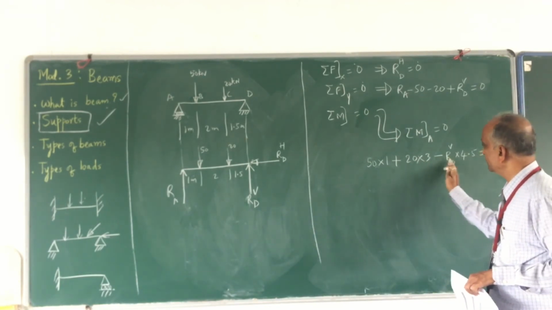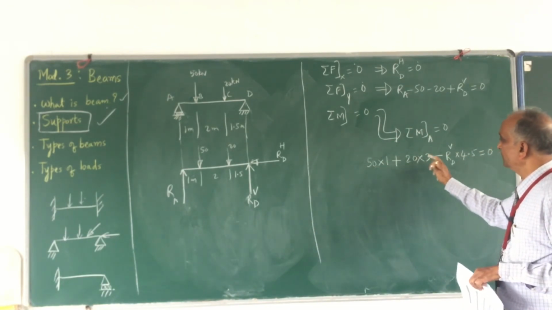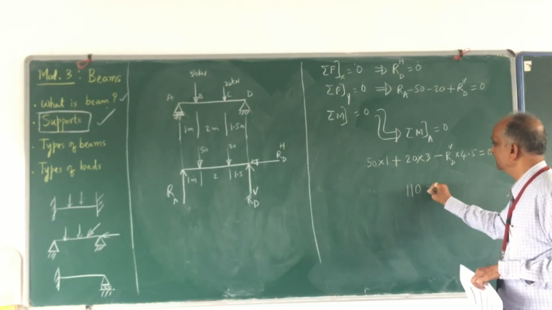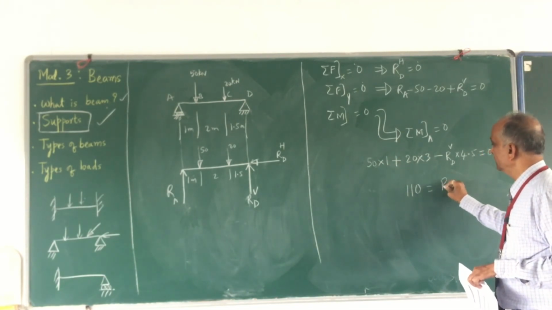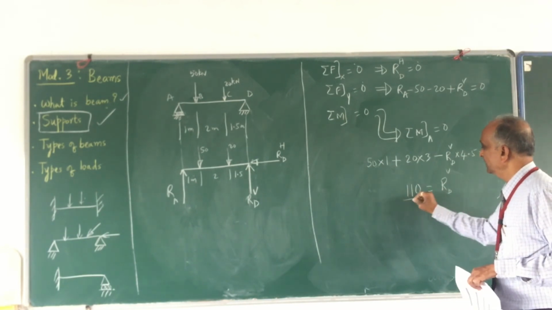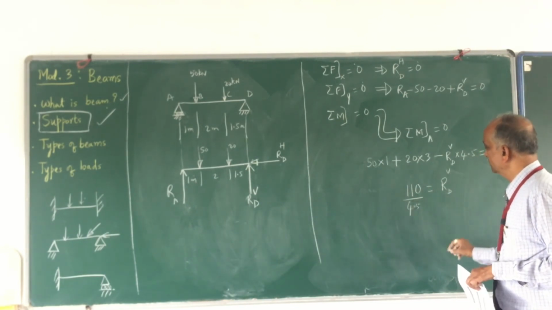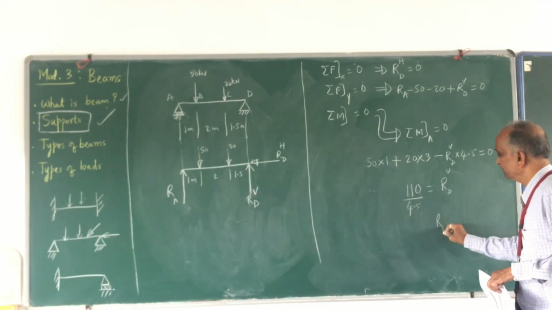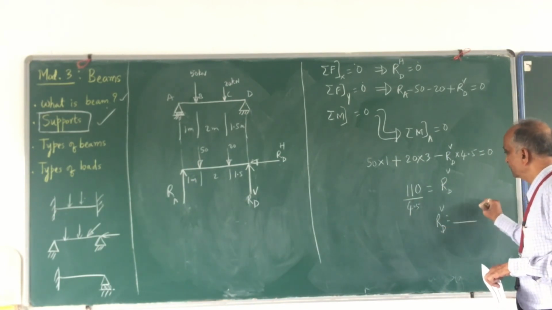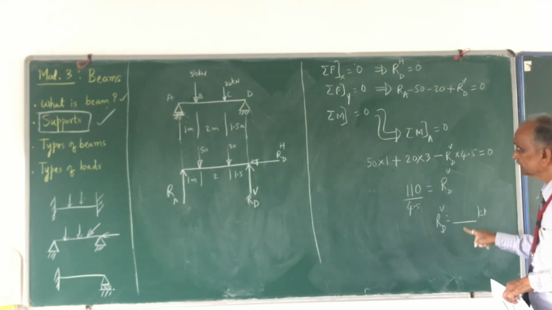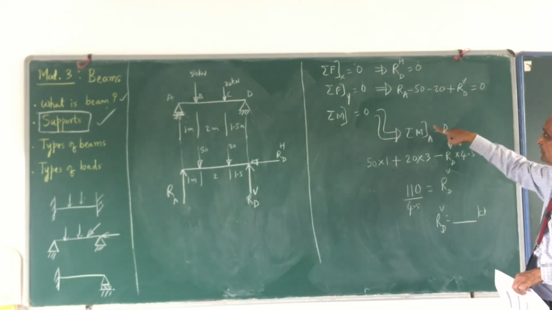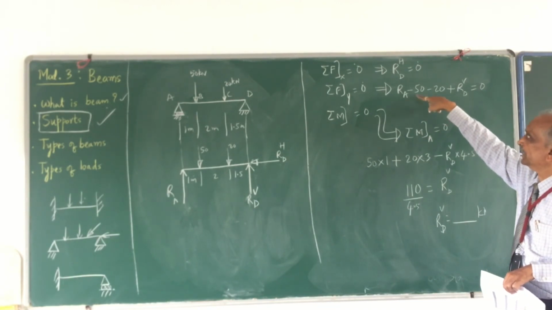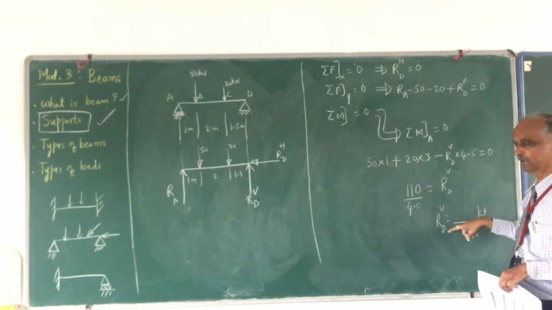So you take this 50 into 1 plus 20 into 3, 60, 50 plus 60, this is 110, this is equal to RDV into 4.5. Simplify this, you come to know what RDV is. RDV is equal to so many kilonewton. Substitute this here. You will come to know what RA is.